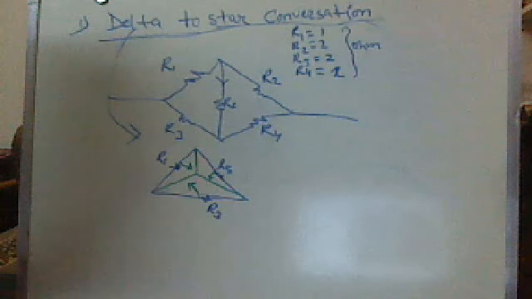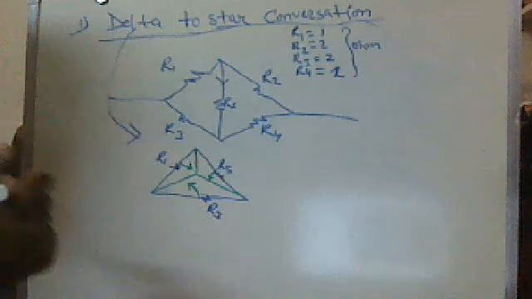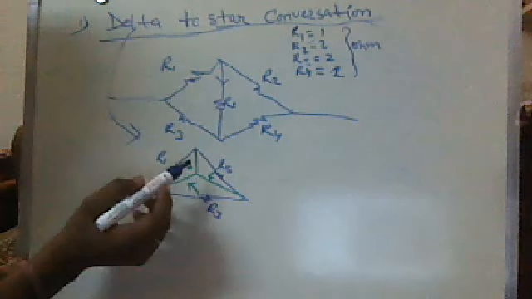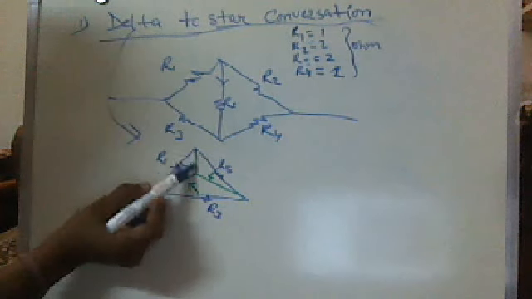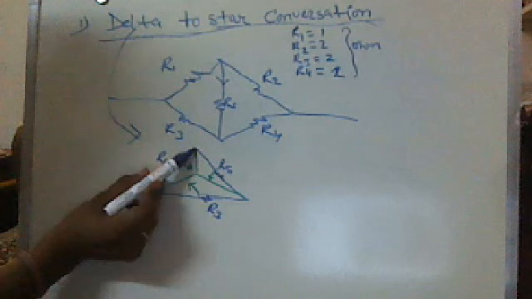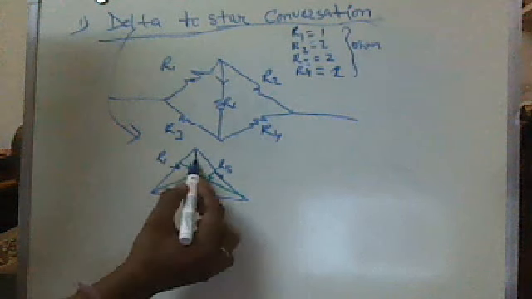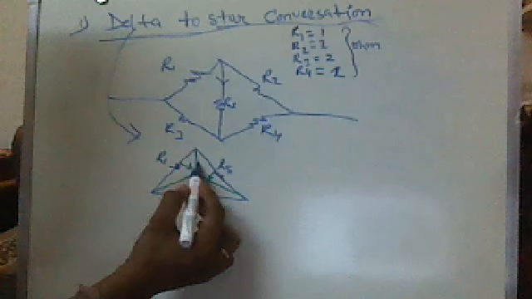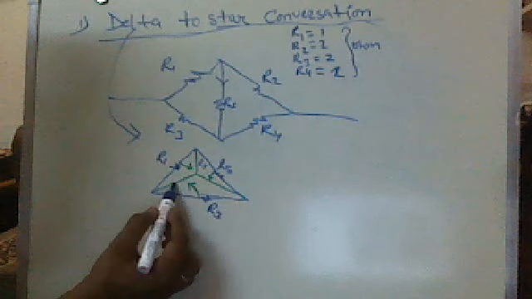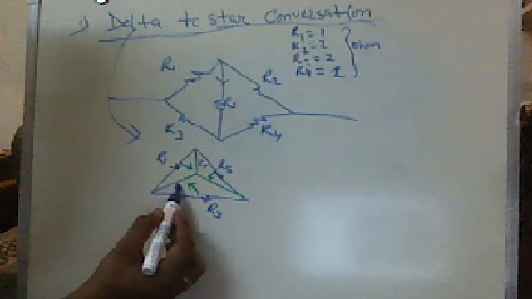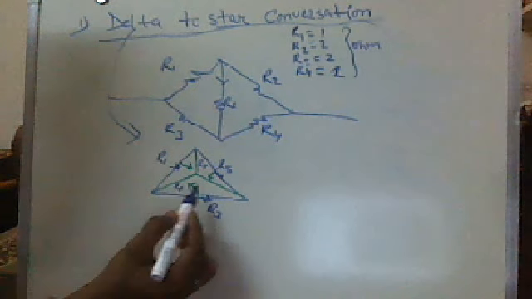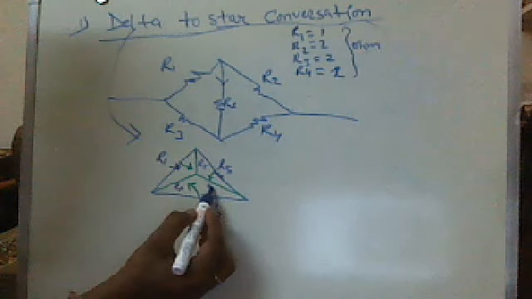Then, if you want to calculate this resistance, let's suppose this is RT, this is RP, and this is RQ.